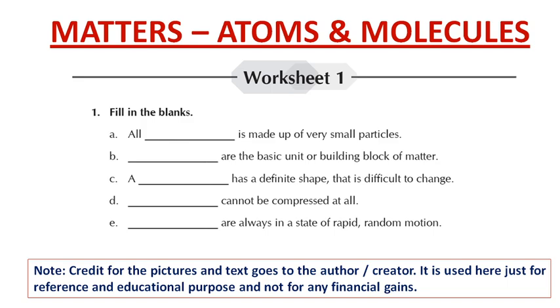And further, when we divide this matter into smaller particles, we reach a point where that smaller particle cannot be divided further. That smallest indivisible particle is given the name atom.